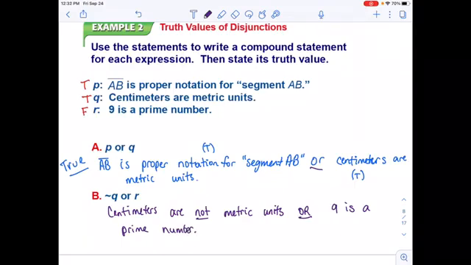Now notice, this one has become false now. And this one is false. This is the only time an or statement, or a disjunction, is false when compounded, is when both of the individual statements are false.